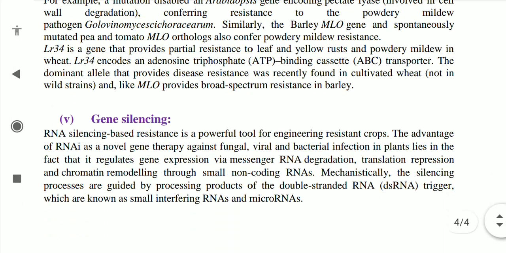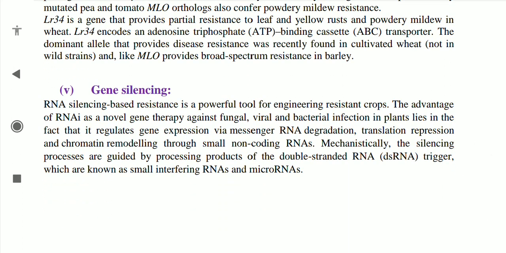Next is gene silencing. RNA silencing based resistance is a powerful tool for engineering resistant crops. The advantage of RNAi as a novel gene therapy against fungal, viral, and bacterial infection in plants lies in the fact that it regulates gene expression via mRNA degradation, translational repression, and chromatin remodeling through small non-coding RNAs.